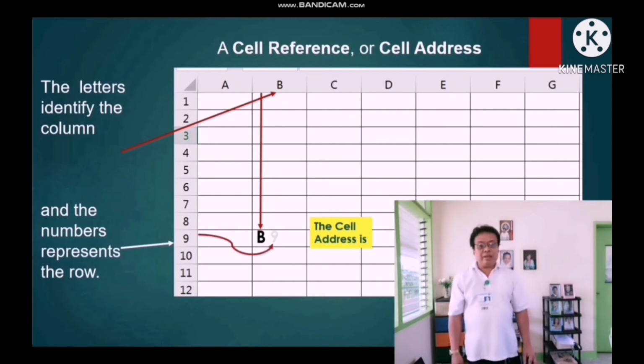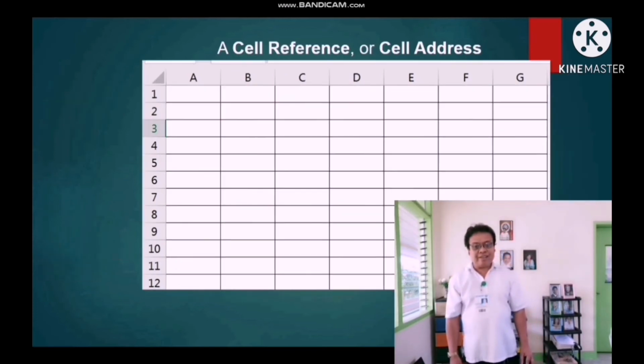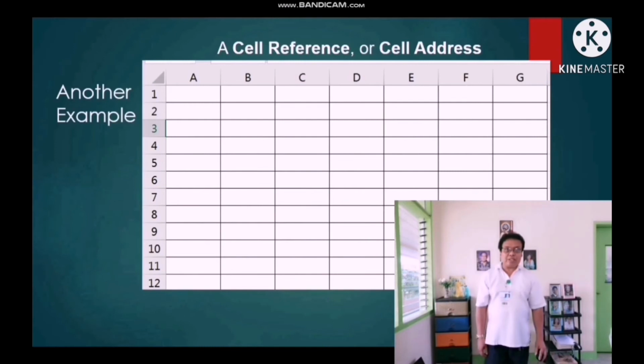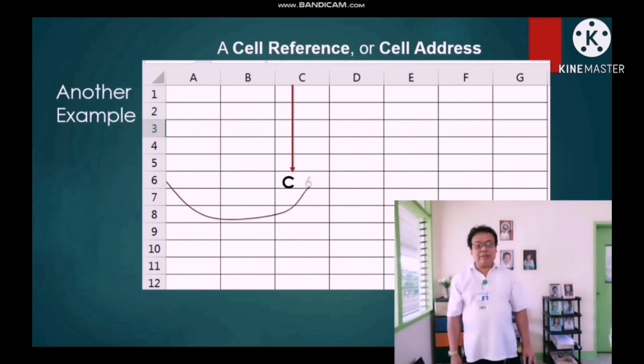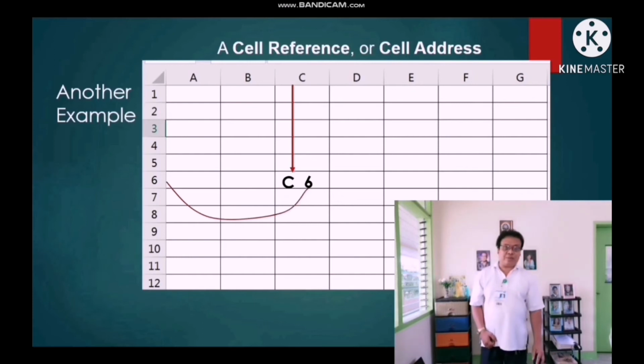B9. Another example, C6. C represents the column and the number 6 represents the row.